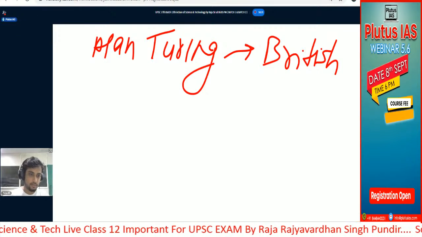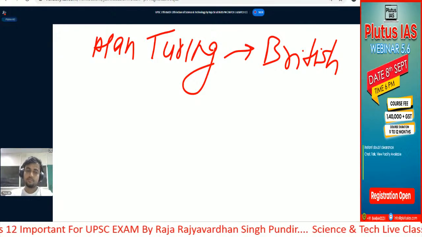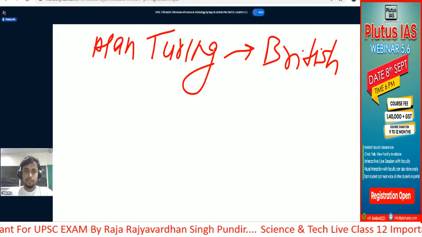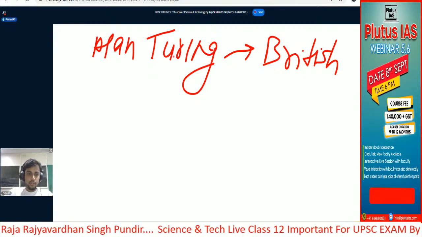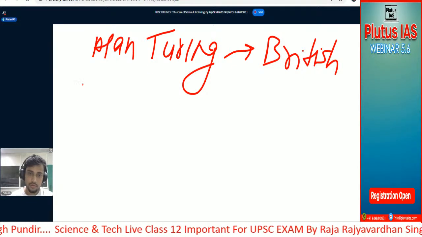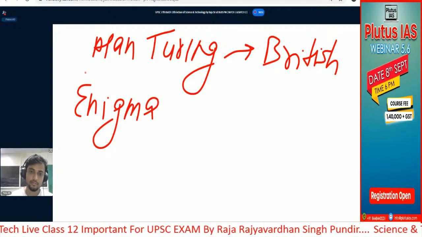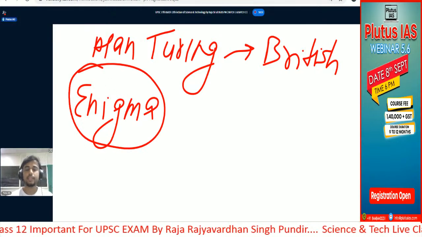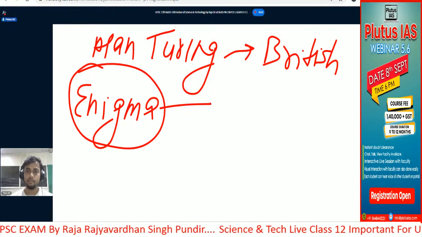Yes, Kritika. His death is mysterious. He decoded the Enigma machine. This was a machine used for encrypting messages.